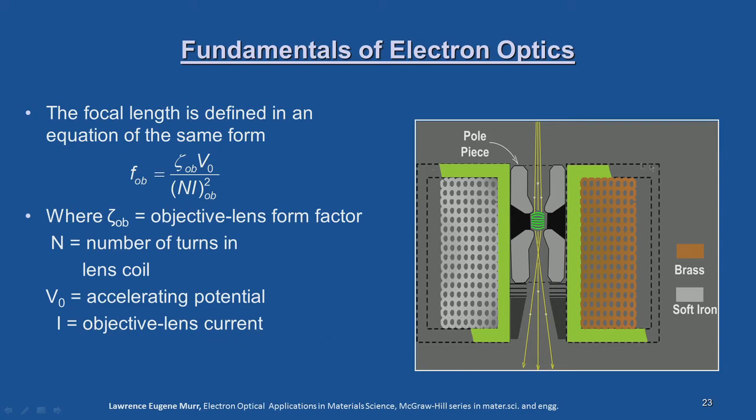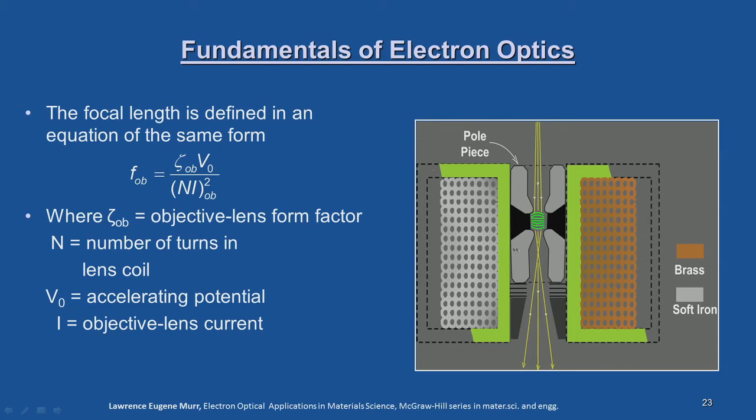You can see that the schematic is nicely drawn. There is an additional piece of hardware called the pole piece. This is used to focus the electron beam in the column, and this pole piece is completely magnetized during operation.